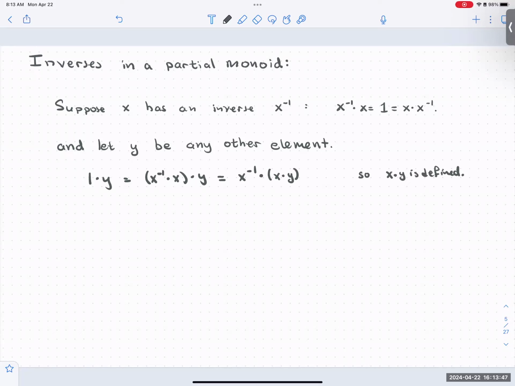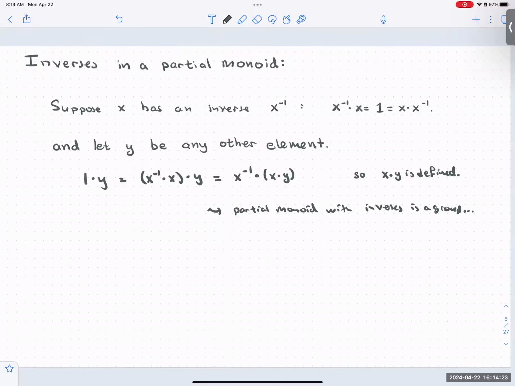So having an inverse means that you multiply with everything. So a partial monoid, which is somehow groupy, I mean, that's just a group. Okay, so the invertible elements multiply with everybody.